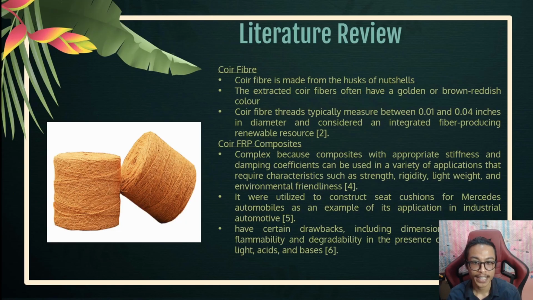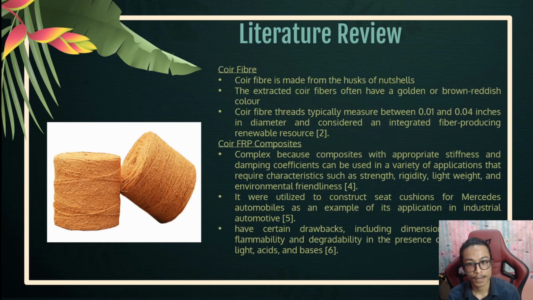Meanwhile, determining the mechanical properties and dynamic characteristics of coir FRP composite is critical because composites with appropriate stiffness and damping coefficient can be used in a variety of applications that require characteristics such as strength, rigidity, lightweight, and environmental friendliness.